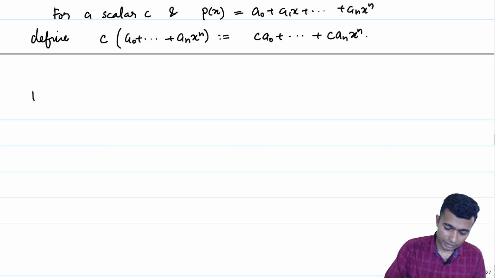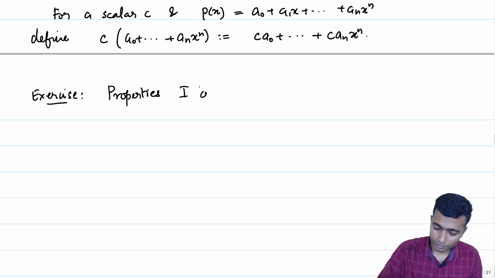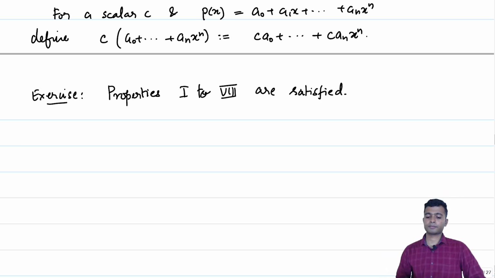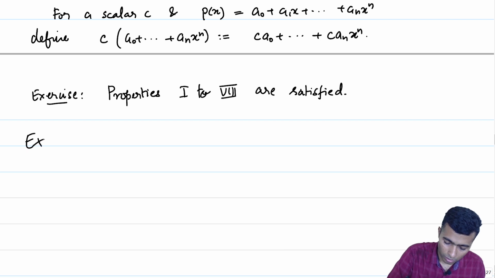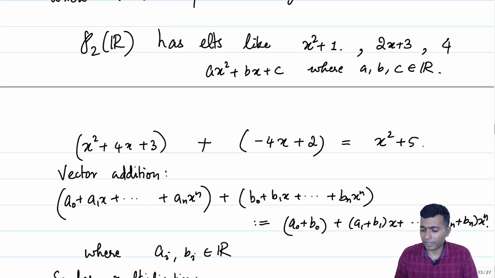Okay, so again I leave it as an exercise for you to check that all the properties listed in the definition of a vector space are satisfied. Okay, let us make it a bit more interesting. So, we were looking at polynomials of degree less than or equal to n. Let us not put any restrictions, let us consider all polynomials.